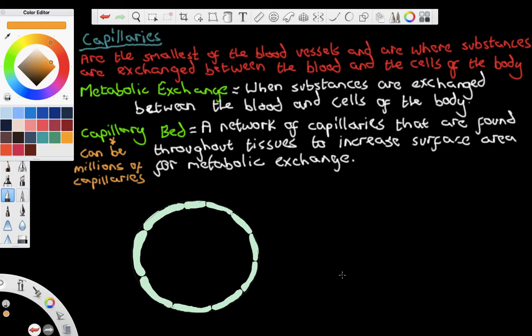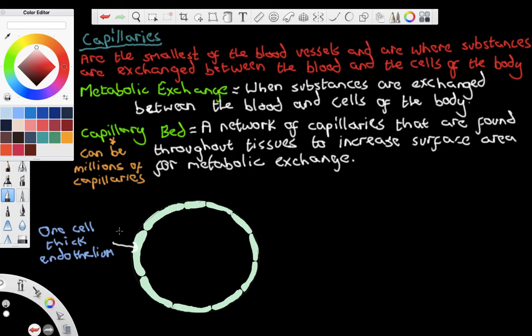Now, all they consist of is an endothelium that is one cell thick.